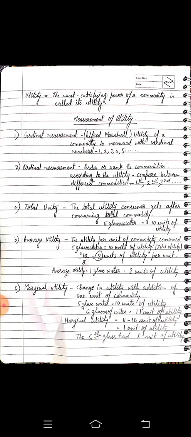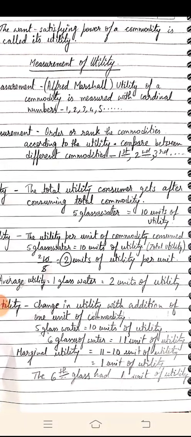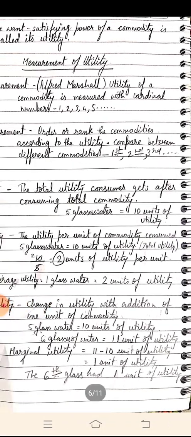Next they are saying about the average utility. The average utility is the utility per unit of the commodity consumed. I have done this in a little bit mathematical way, but it's very simple. 5 glasses had 10 units of utility. This is the total utility we have considered.